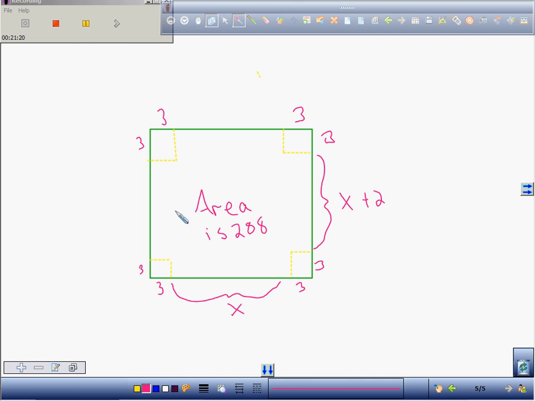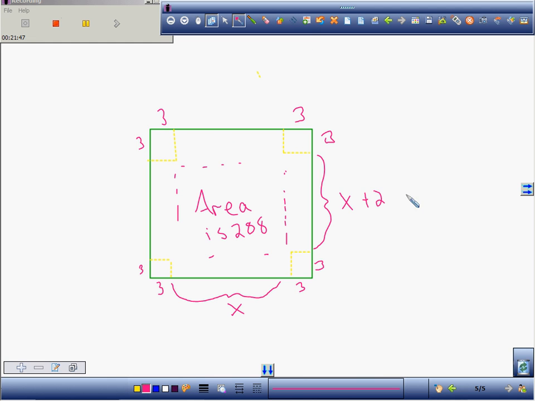The reason I cut these squares out is maybe they're making a box. Do you see that if I folded along these lines, that would make a little rectangular box? Anyway, that's not that important.